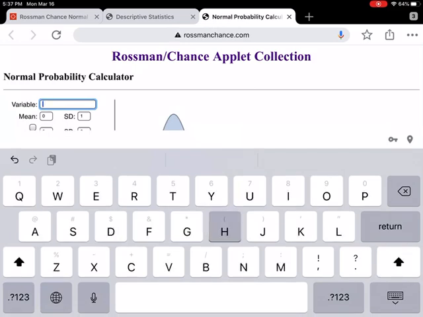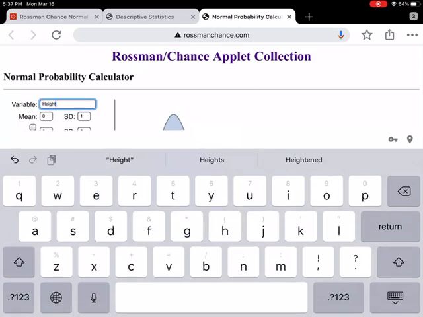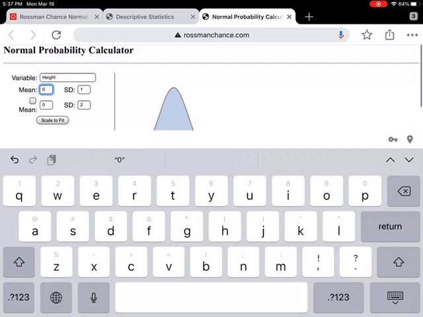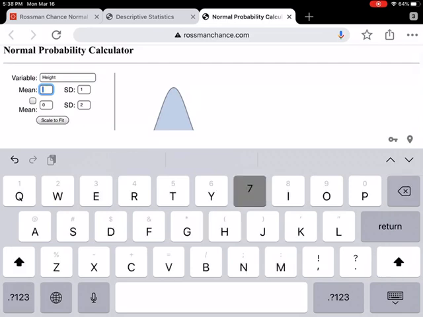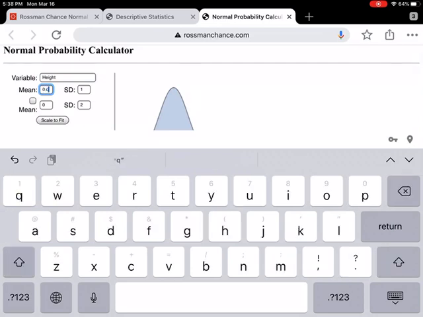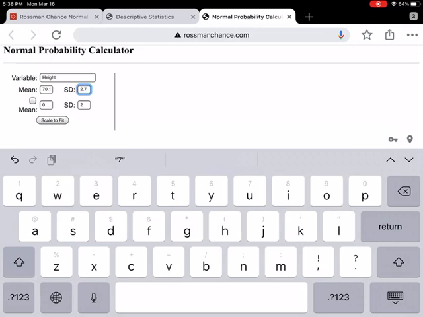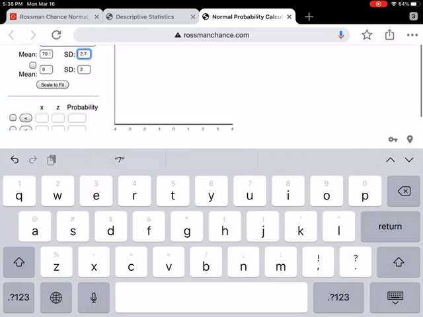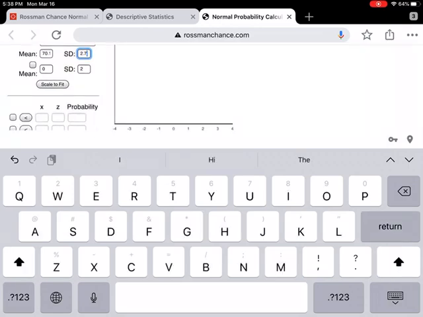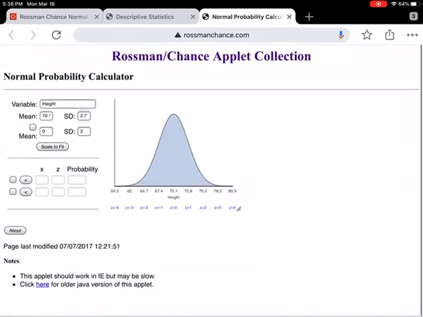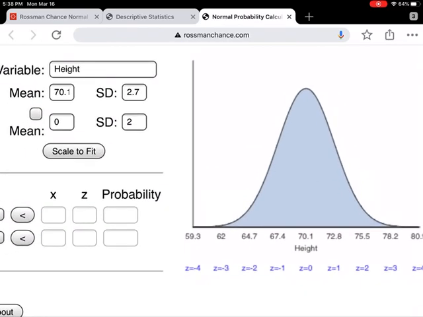And my variable is height. And my mean was 70.1. Oops. My standard deviation was 2.7. So I'm going to start with that. Scale to fit. Okay, so there's the graph.